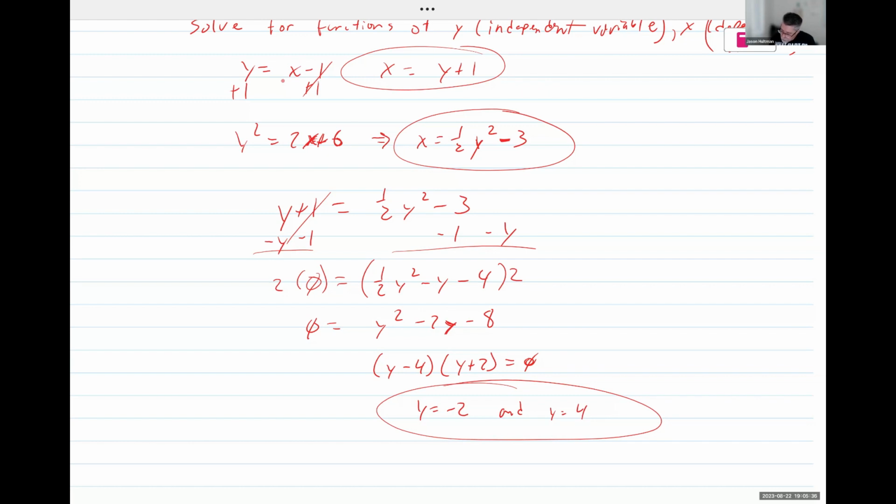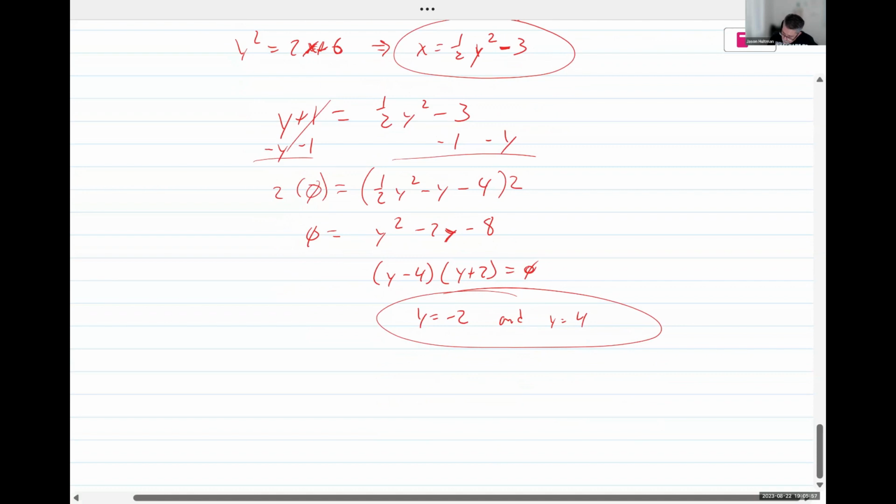Okay, so where are my points of intersection? Well, I can plug these values back into either of these equations and it should give me the same result. That was the whole point of doing this. So if I plug negative 2 into the top equation, I get negative 1. So when y is negative 2, x is negative 1.